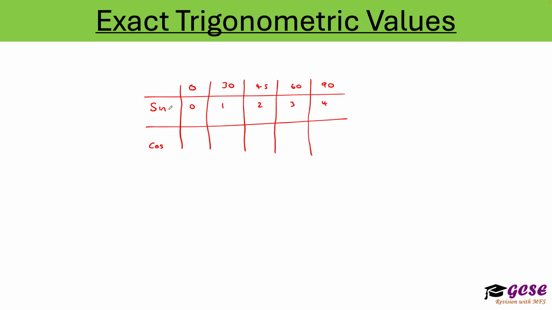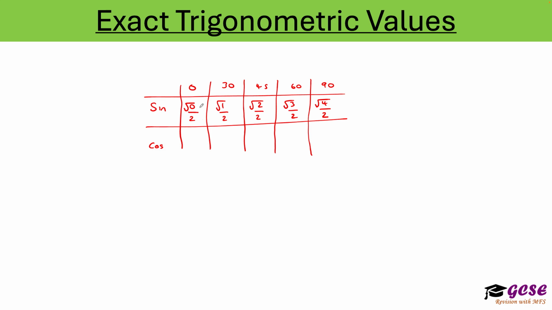Okay, so we've written out 0, 1, 2, 3, 4. Now all you need to do is divide it by 2. Okay, and once you've divided them by 2, you square root the top. Okay, and then finally what you do is you just need to simplify them.